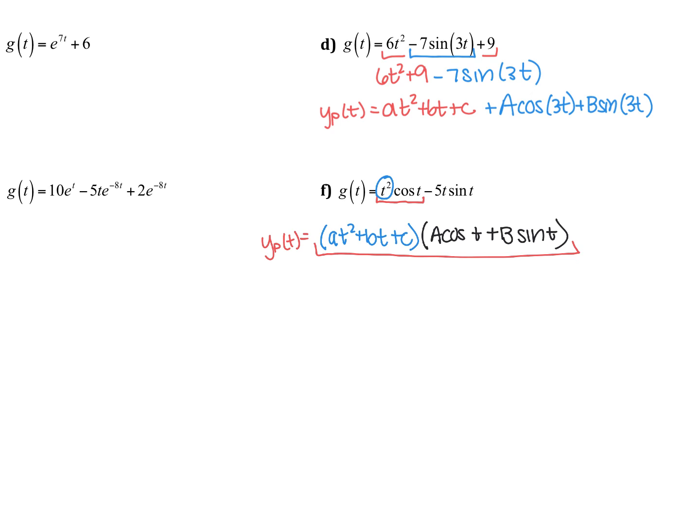Okay? And then we have the negative 5t sine t. And then we would need a guess for this part as well. And so for the 5t, I'm going to put a plus in there. That's fine, because that'll be absorbed if it needs it. For that 5t, my guess would be, I'm going to need another constant in there, dt plus f.